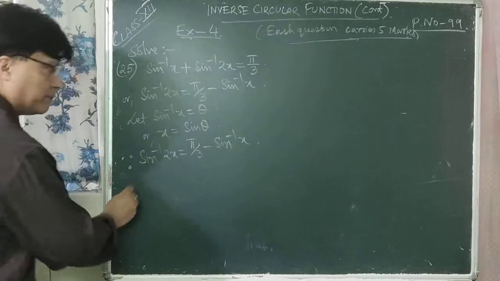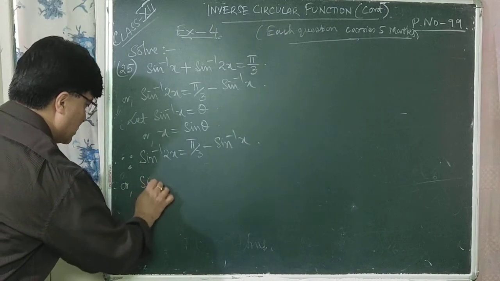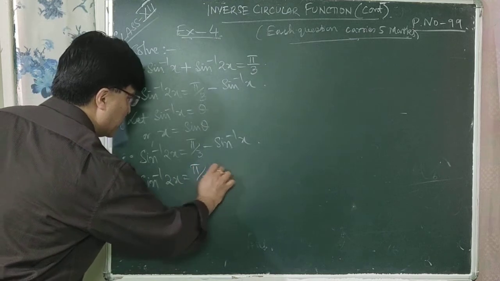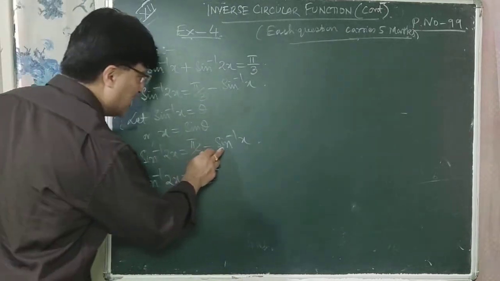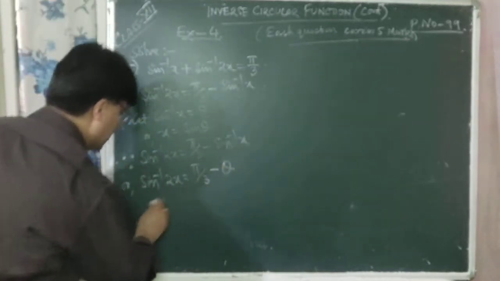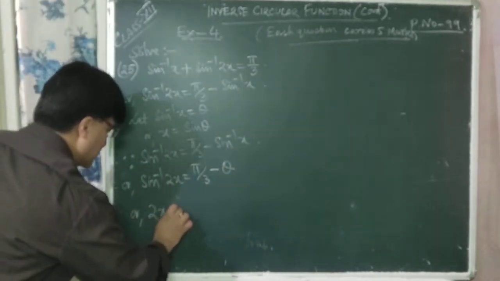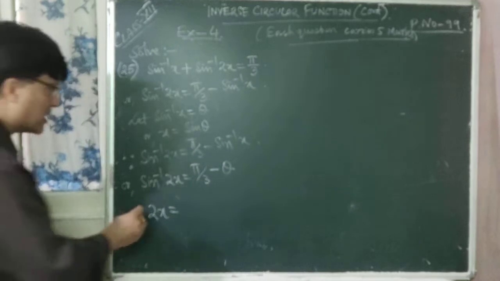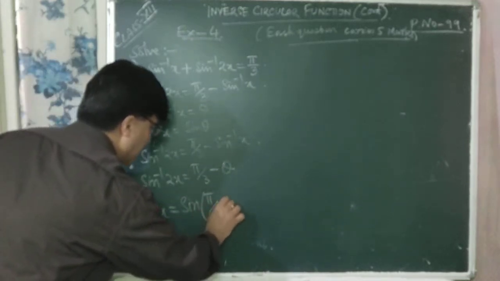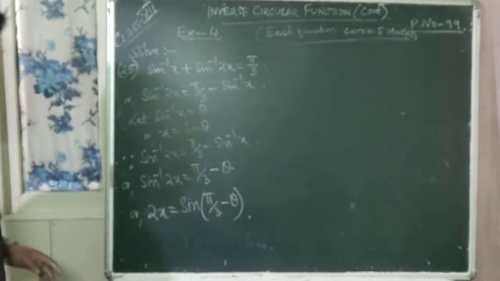So next, sin inverse 2x is equal to pi by 3 minus, we had assumed this sin inverse x as theta, right? So 2x is equal to sin, taking the inverse to the right hand side, within bracket pi by 3 minus theta.